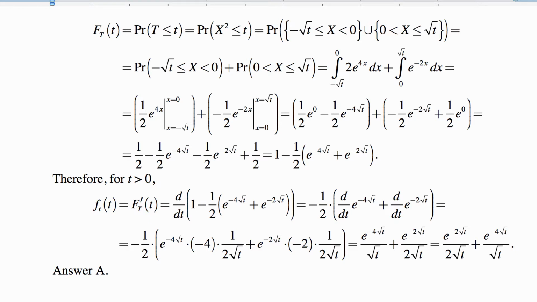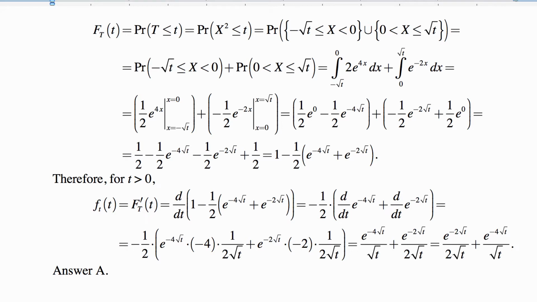The derivative of 1 is 0, so all we need to do is take the derivative of that second term, and that's going to be negative 1/2 times the sum of the derivatives of the two expressions. The derivative of the first is e to the minus 4 square roots of t times negative 4 times 1 over 2 square roots of t, because 1 over 2 square roots of t is the derivative of the square root of t.